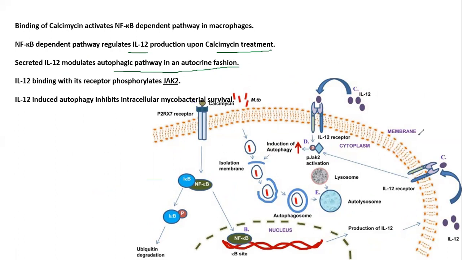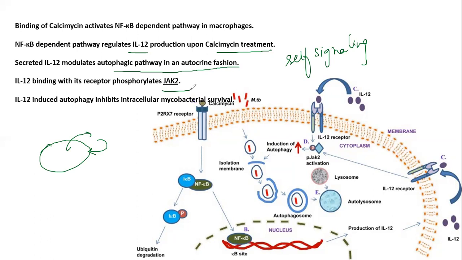Autocrine means self-signaling, correct? If there is a particular cell, whatever it releases will bind to the self receptor. IL-12 binding with its receptor phosphorylates JAK2. It induces autophagy and inhibits intracellular mycobacterial survival.